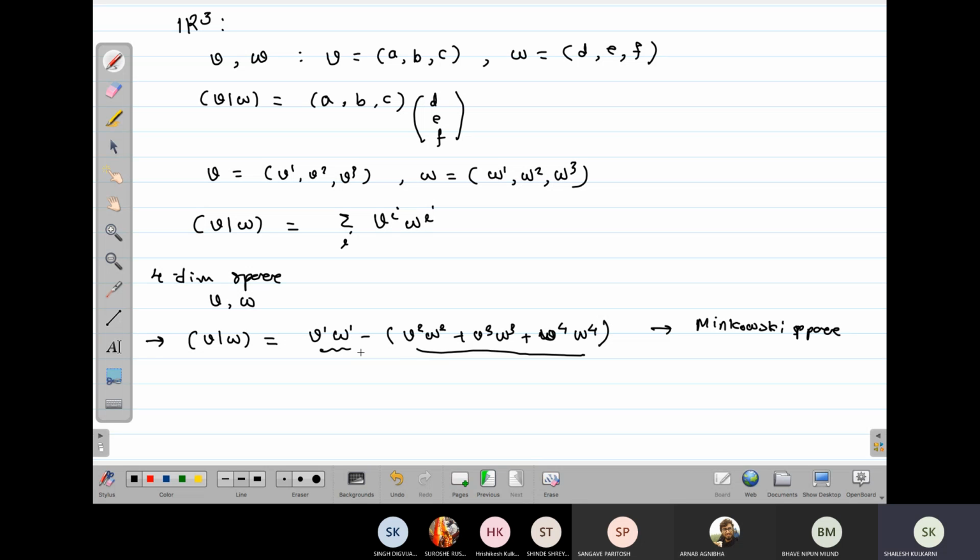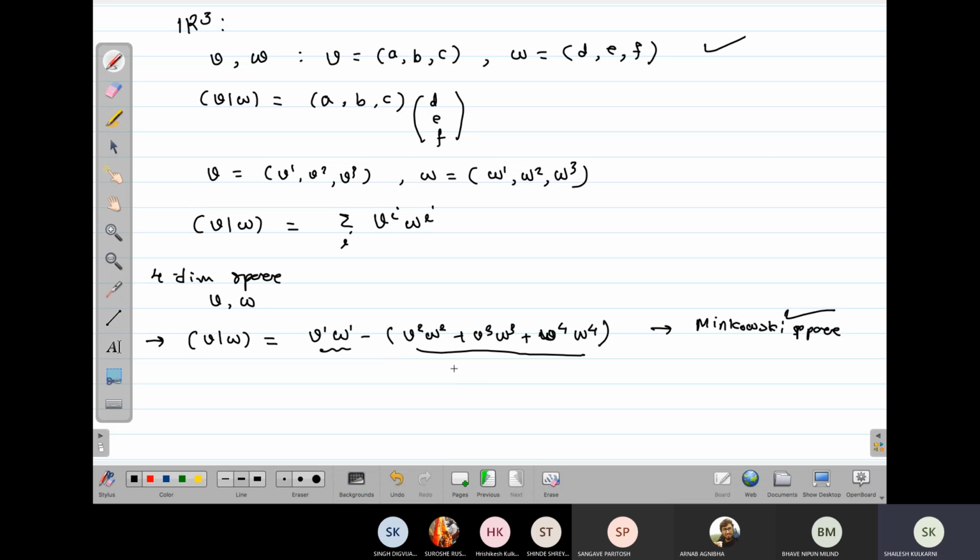So I can have 0 on the right hand side without putting v equal to 0. So this is the example of your usual Euclidean vector space, and this is your Minkowski space. I will come to this; we'll discuss this in detail.